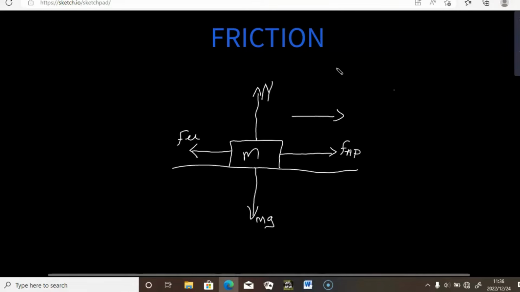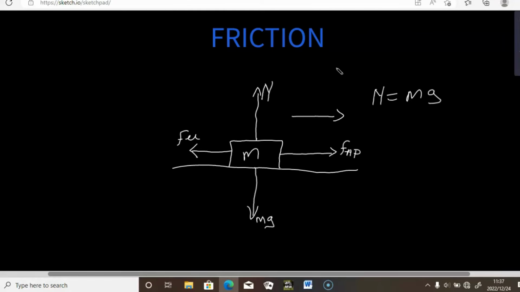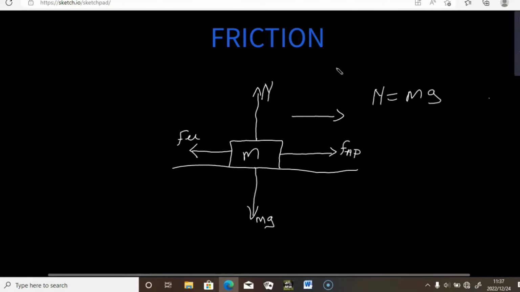So now the normal reaction will be equal to mg, because forces going upward are equal to forces going downward. And take note that this is not a standard equation for normal reaction.